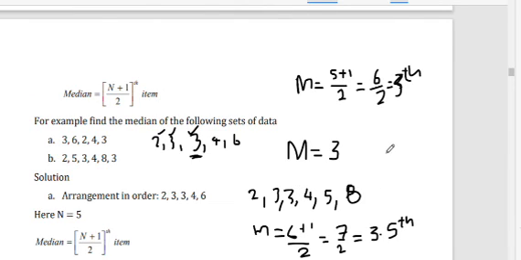So we'll just take them together. Add 3 plus 4 divided by 2, that's 7 divided by 2, which is equal to 3.5.